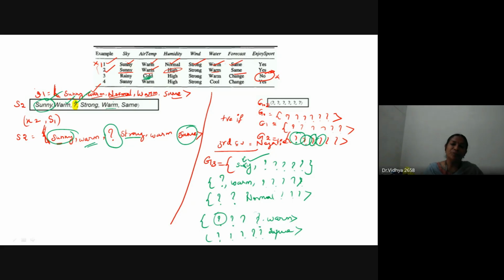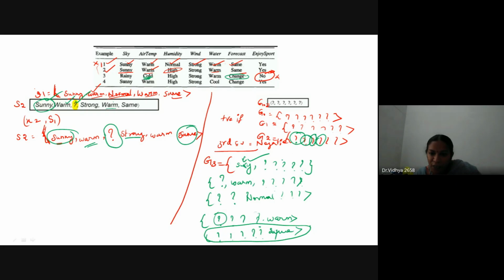Now you can see here we have an attribute as same, but here it is given as forecast. We received the fifth attribute as same, but it is given as negative. If it is given as change, then that particular hypothesis is leading to incorrect learning of the machine.